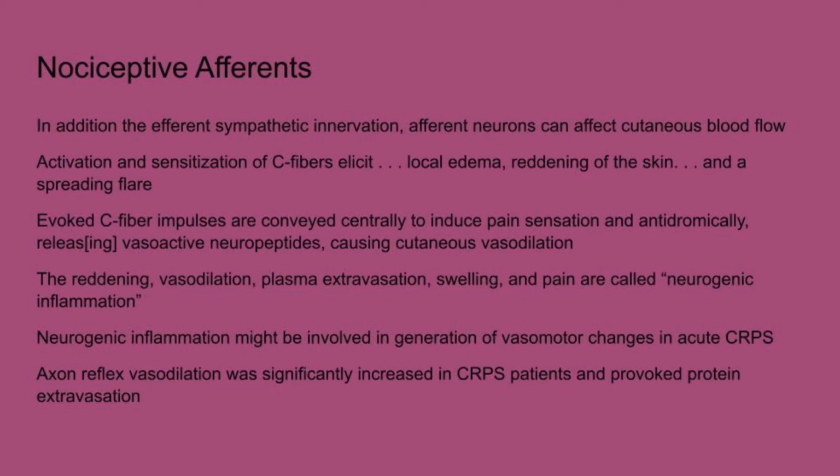Axon reflex vasodilation, which is again where it goes slightly up the nerve and then right back down to a branch of the nerve to cause an impulse, or hopping directly from one axon to the next if they're connected on the same dendrite. Axon reflex vasodilation was significantly increased in CRPS patients and provoked protein extravasation, which is again that fluid moving outside of the blood vessels into the interstitial space.